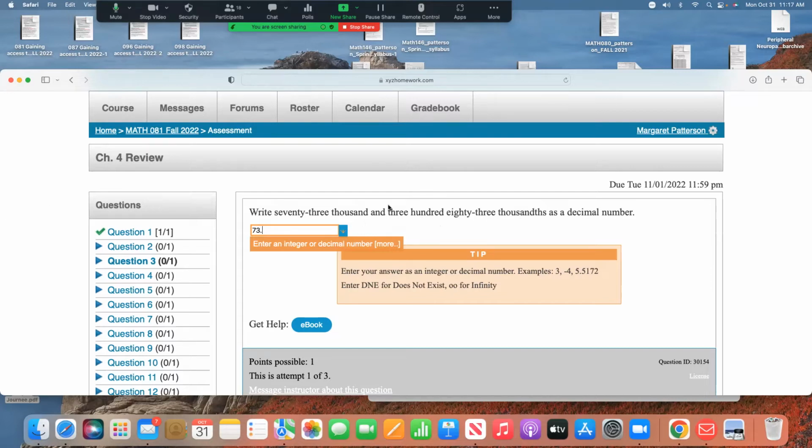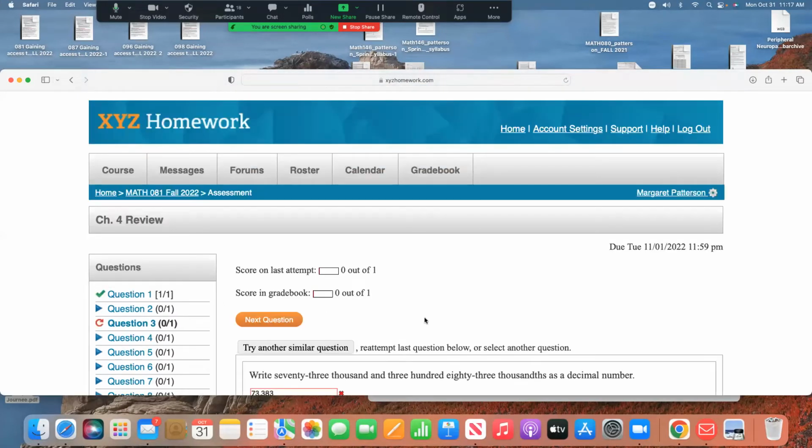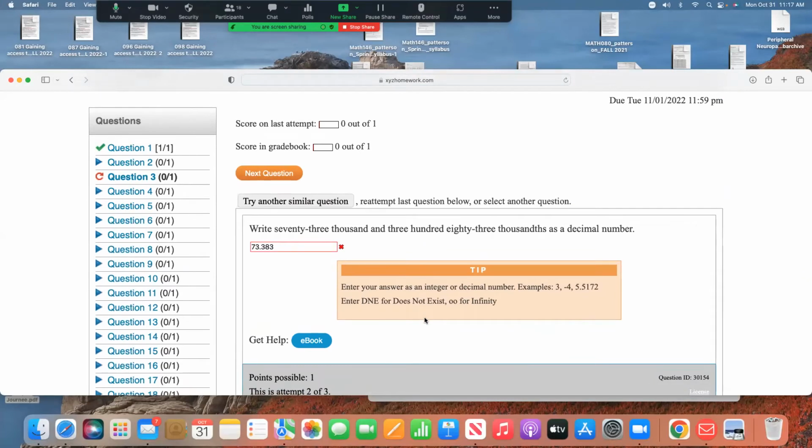That's 3 places over, so everything's going to fit perfectly. 383. What do you think? Are we satisfied? Yeah, and so that's good. I'm going to make this bigger, but let me just submit it to show you. Whoa, something went wrong.